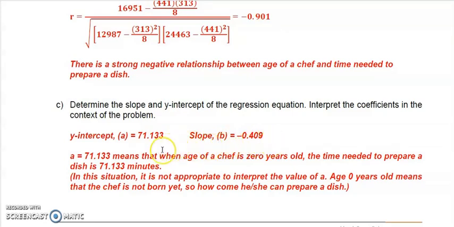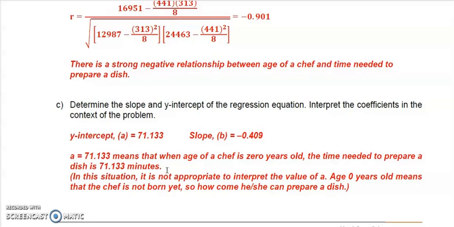Interpret the coefficients. For the y-intercept a, how do we interpret a? When x equals 0, y equals a. Here a equals 71.133 means that when the age of a chef is 0 years old, the time needed to prepare a dish is 71.133 minutes. Recall previously I explained that not all situations are suitable or necessary to interpret the y-intercept. It depends on the problem given.